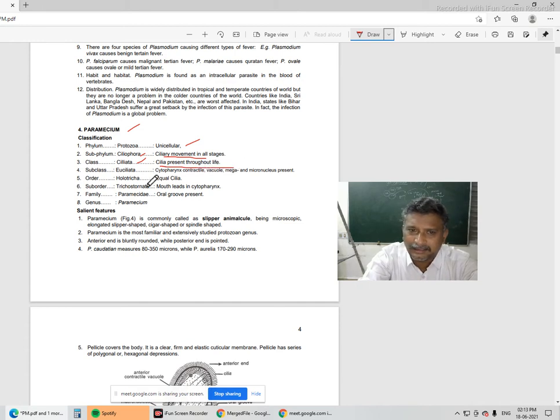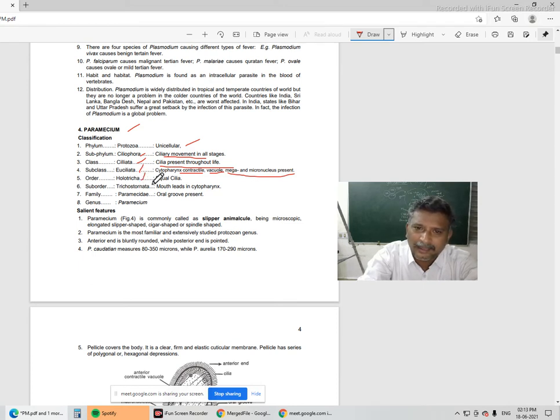Euciliata subclass: cytopharynx is there, contractile vacuole is there, mega and micronuclei. These properties are present in Euciliata, that is a subclass.